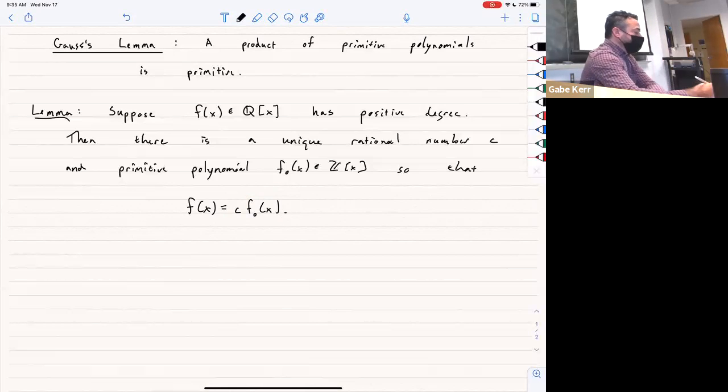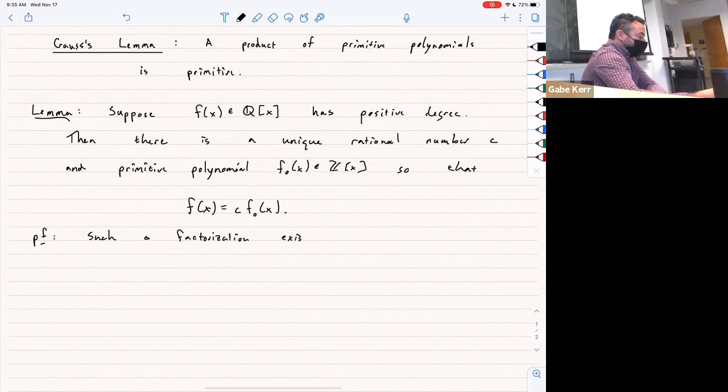Think about that for a minute if it moves too fast. It's just basic arithmetic to say such a factorization exists. That's basically what we just said.